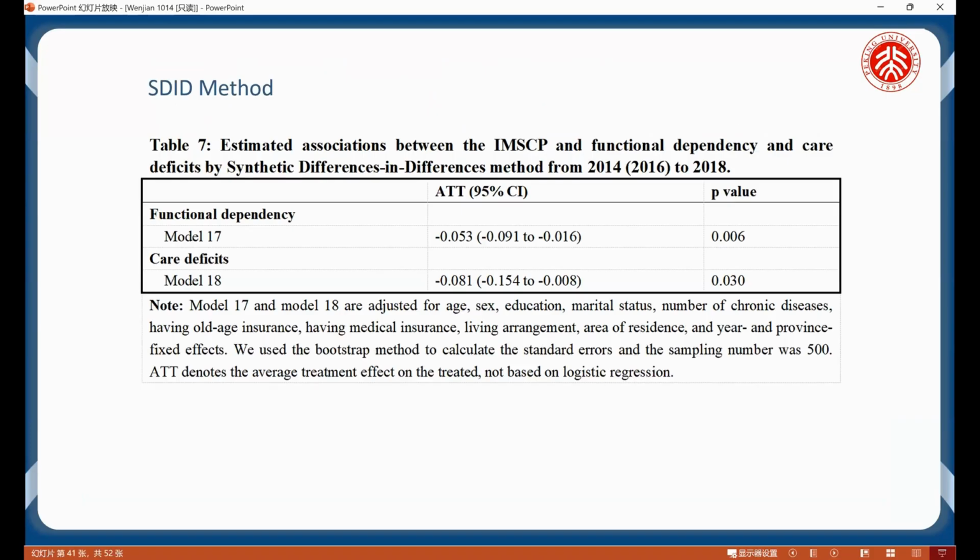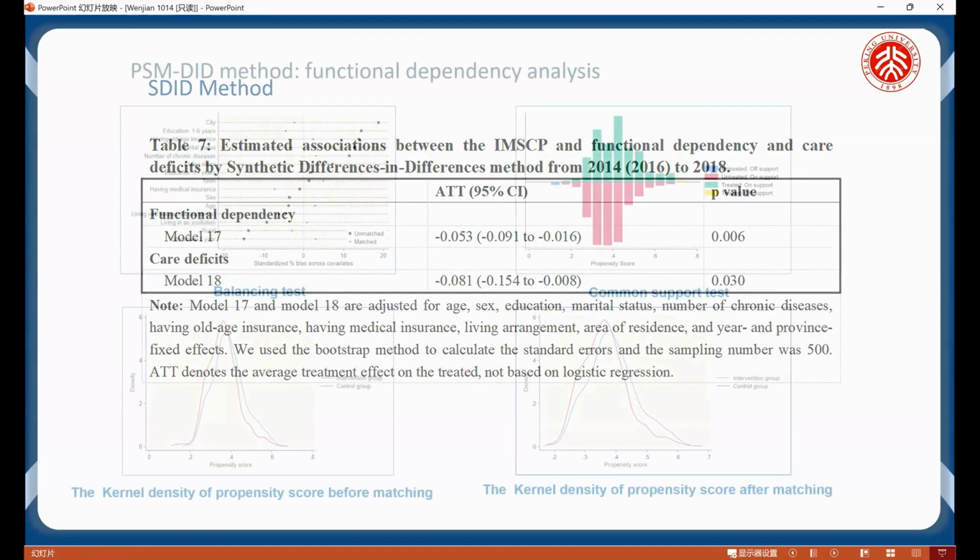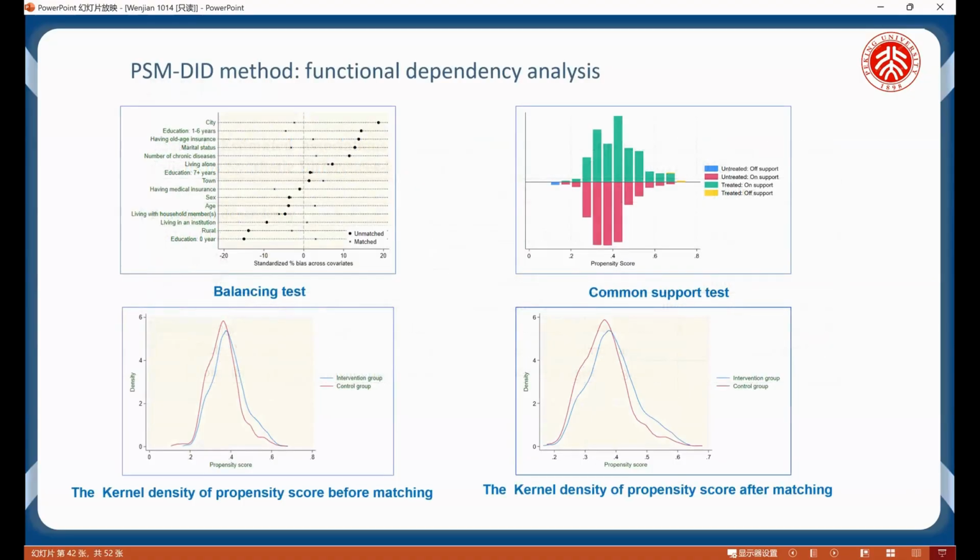We also used the SDRD method to test if the results are still significant. This is the PSMDRD model.